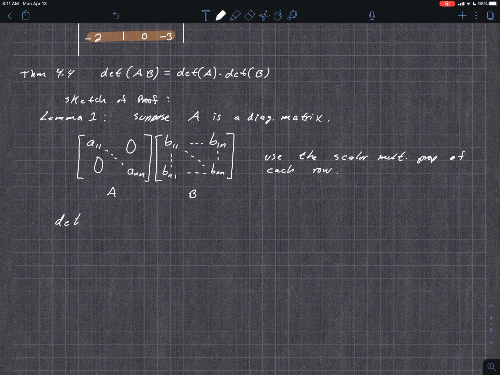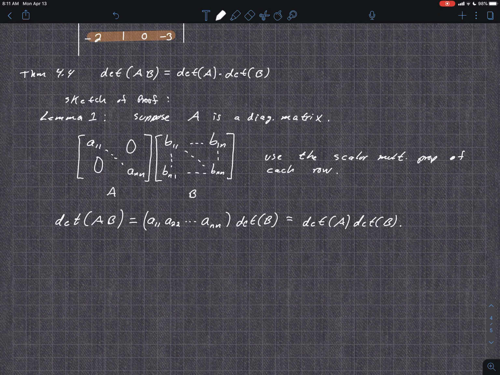Then you get that the determinant of AB is equal to A11, A22, etc., all the way to ANN times the determinant of B. And we know that the determinant of a diagonal matrix is the product of its diagonal, so that's just the determinant of A times the determinant of B.